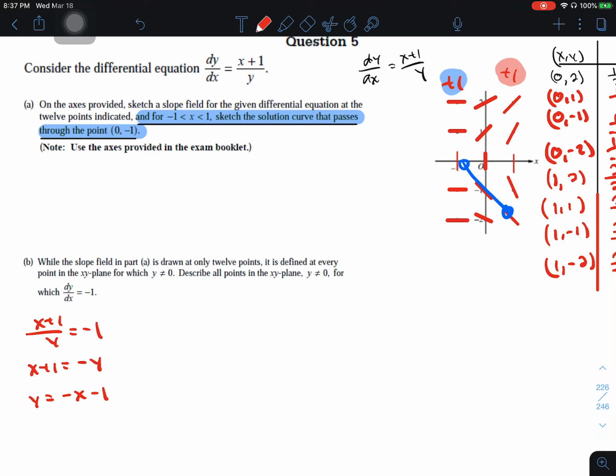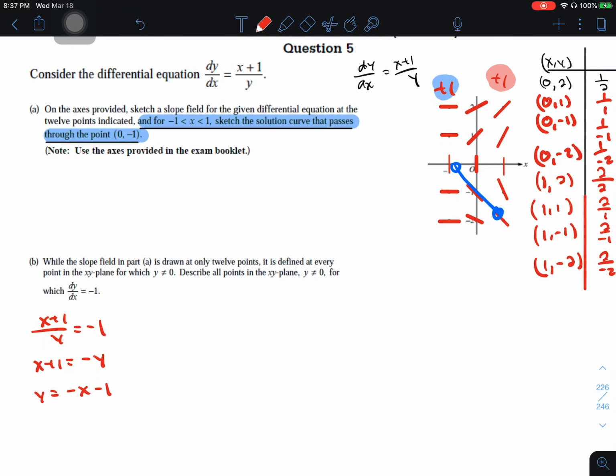By doing that, what we are saying is, if the slope's -1, then the equation y equals -x minus 1 is an equation that's going to accept all the different possible values to give you a slope of -1, as long as y isn't 0.